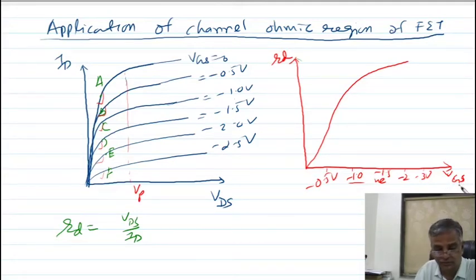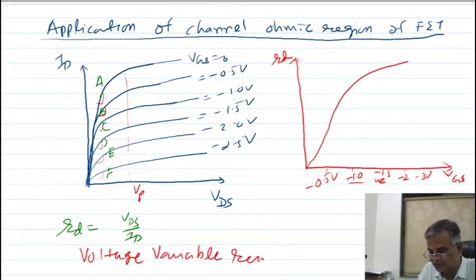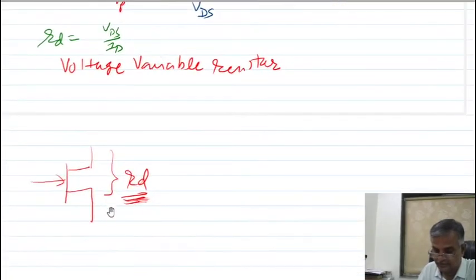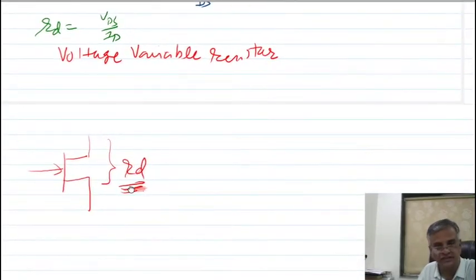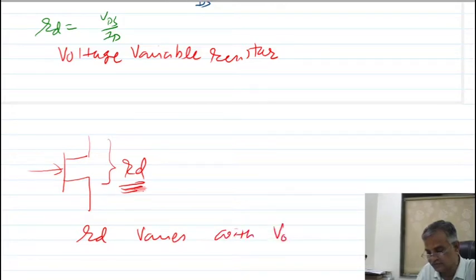This property is known as a voltage variable resistor. So look here, the resistance RD varies with VGS, meaning the gate voltage.